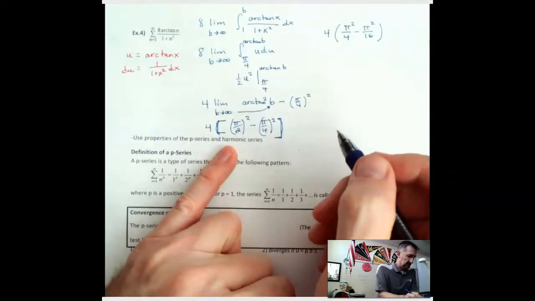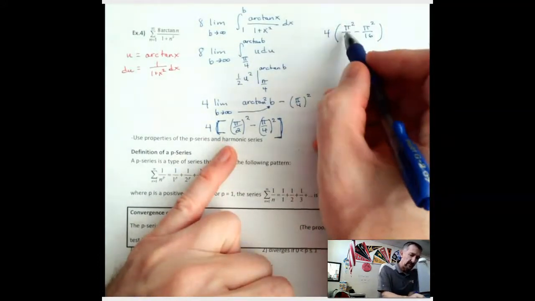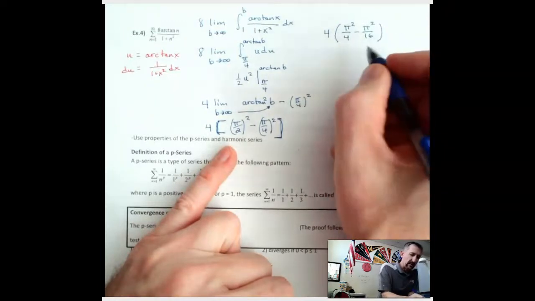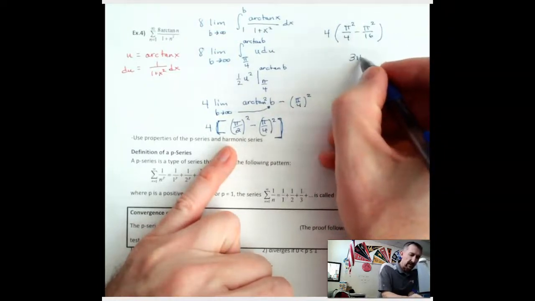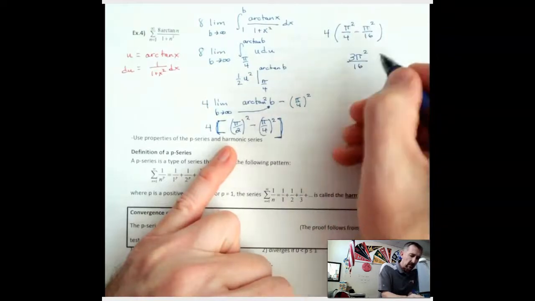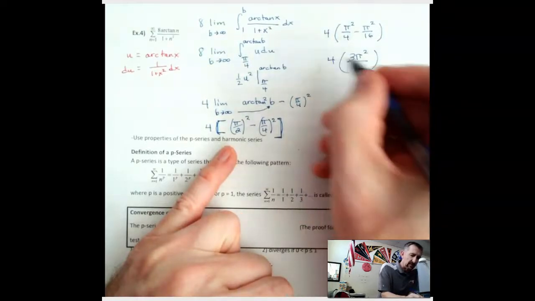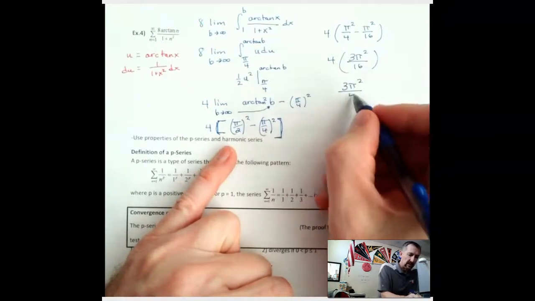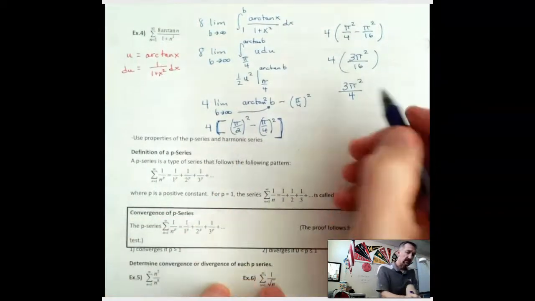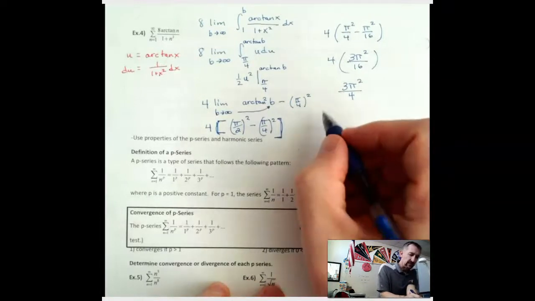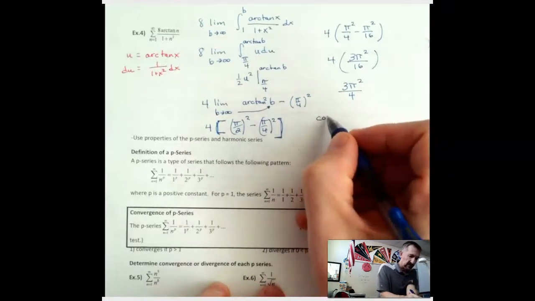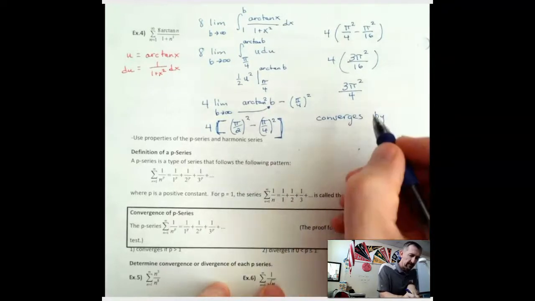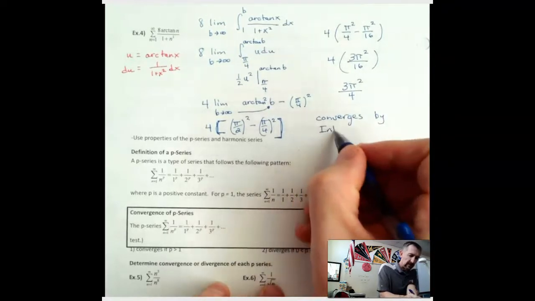Multiply this by 4 over 4, so 4 pi squared minus 1 pi squared is 3 pi squared over 16 times 4, so that's going to be 3 pi squared over 4. Since that converges, we can say that this converges by the integral test.